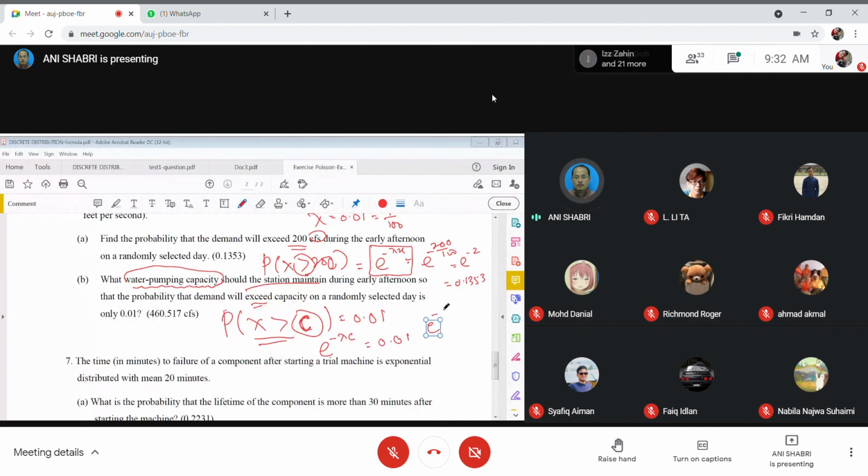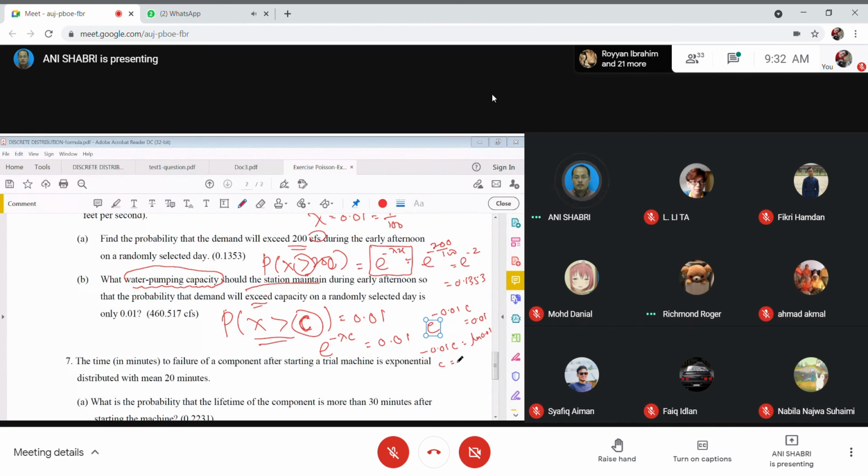Okay, it is equal to e to the minus 0.01 C, equal to 0.01. How to solve this one? Move e to the other side, it becomes ln, and then move the negative lambda to the other side. Take ln of both sides. We get negative 0.01 C equal to ln 0.01.